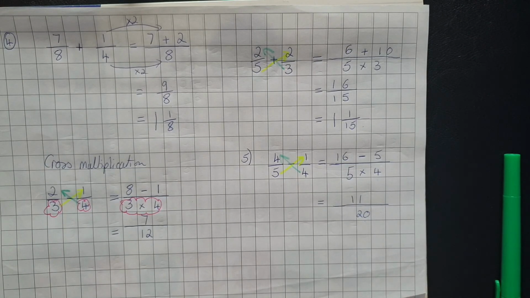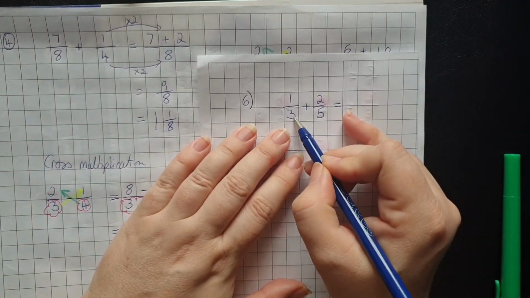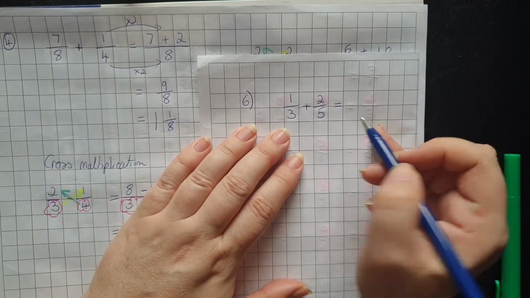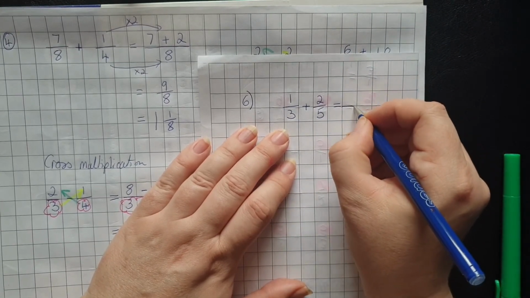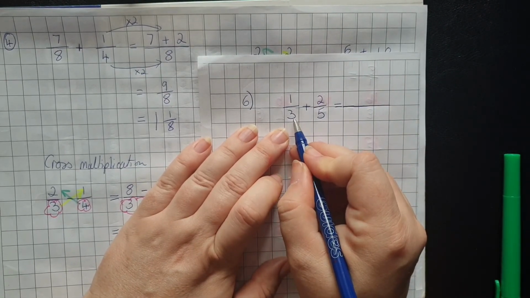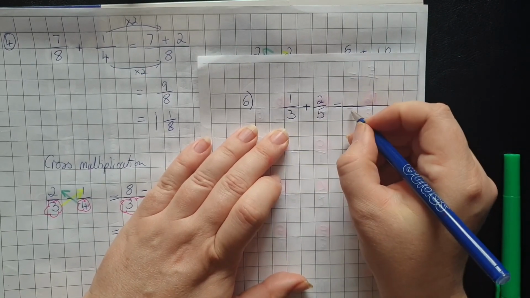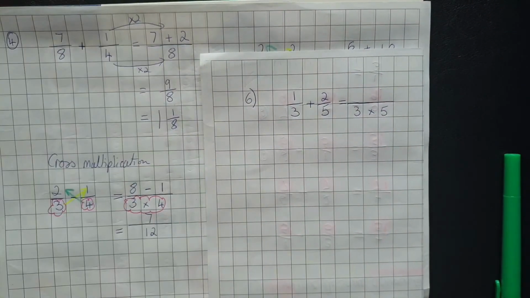Final one, number 6. 1/3 plus 2/5. Again, it's not clear straight away. Multiply the two denominators. 3 multiplied by 5.